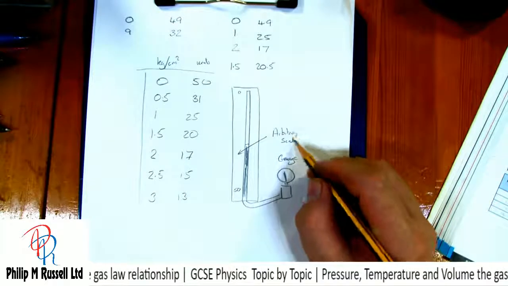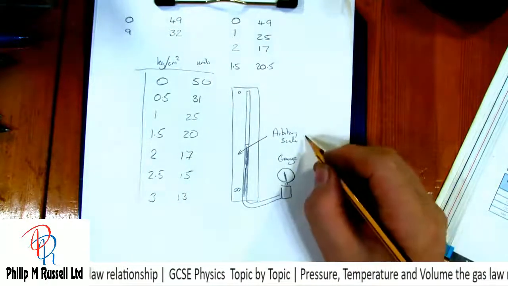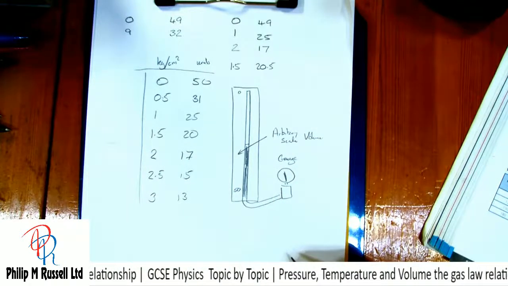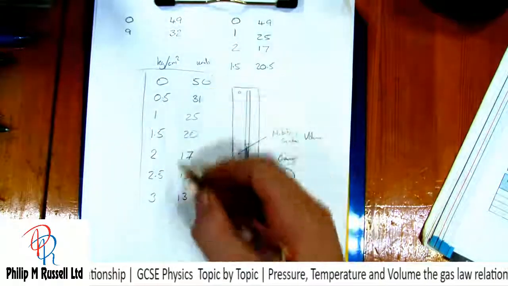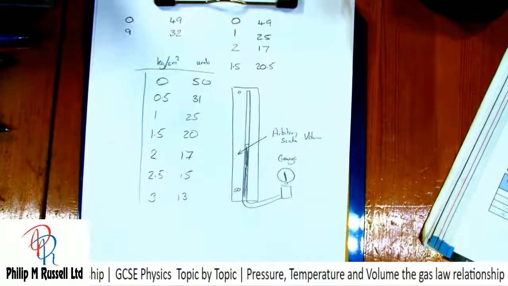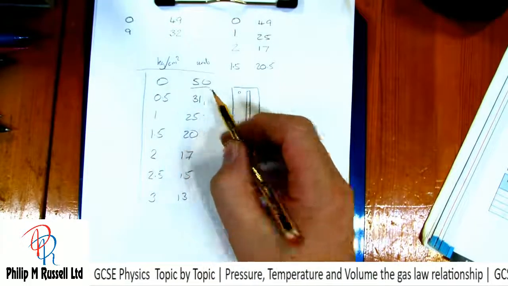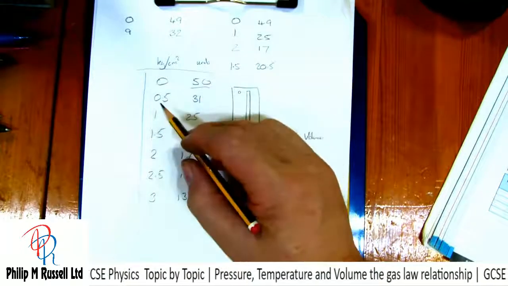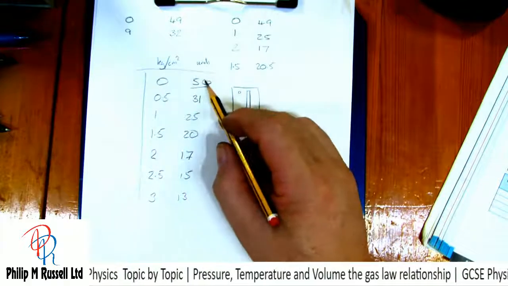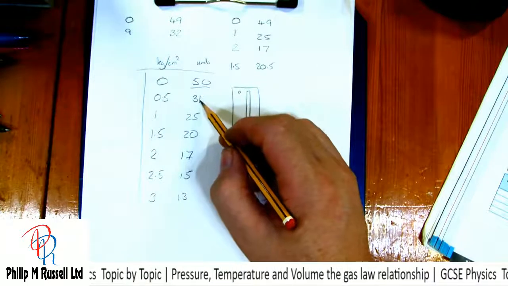Our arbitrary scale here isn't quite as arbitrary as you think, because this is volume. And we're seeing now how the pressure decreases the volume. So we started off with a volume of 50. Just by increasing the pressure from 0 to 0.5, our volume has decreased quite dramatically.